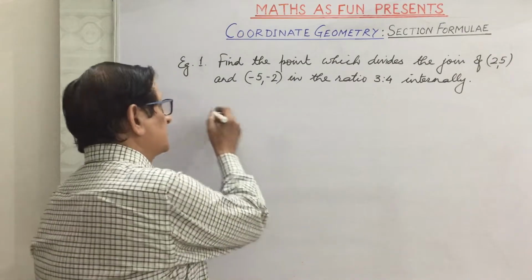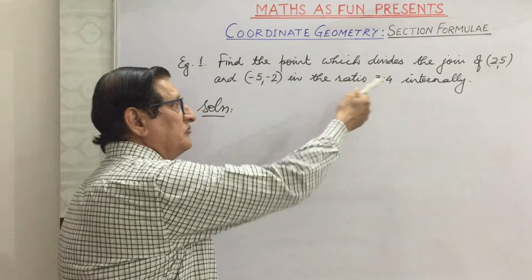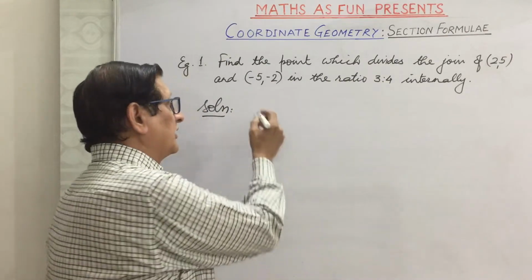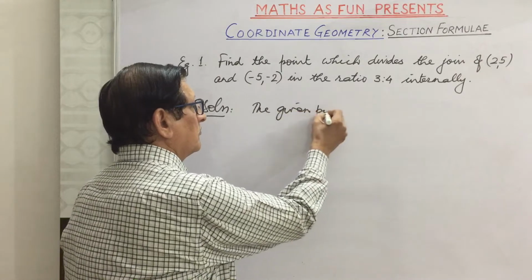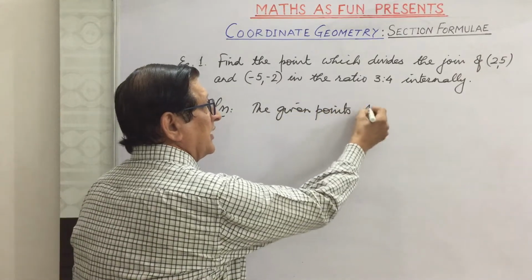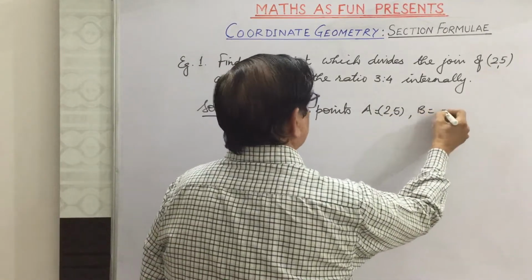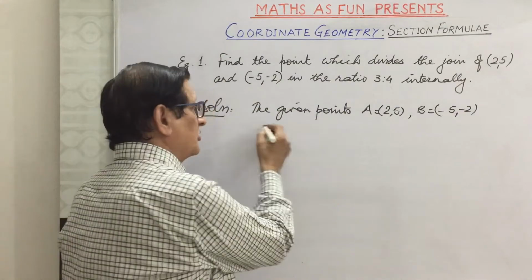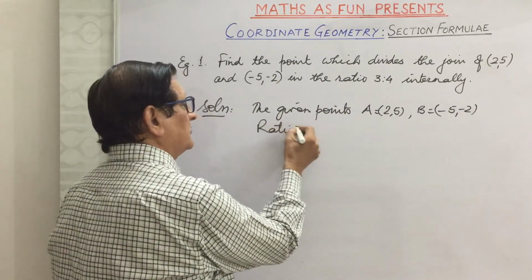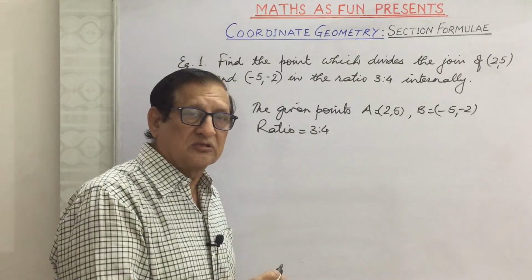For the solution of such a problem, we will write the points which have been given to us. A is (2, 5) and B is (-5, -2). The ratio in which we have to find the division is 3:4.